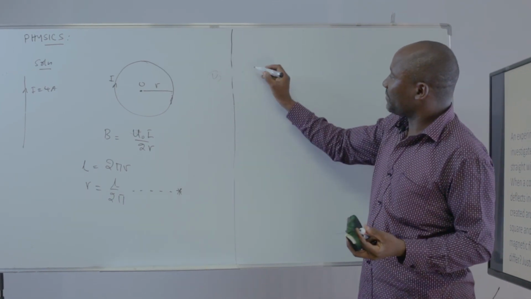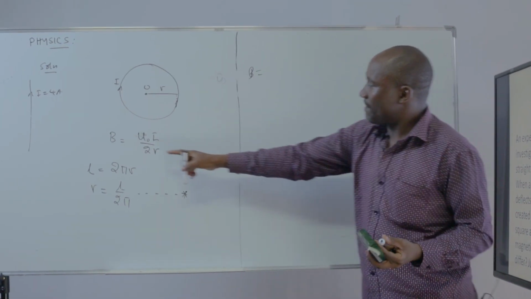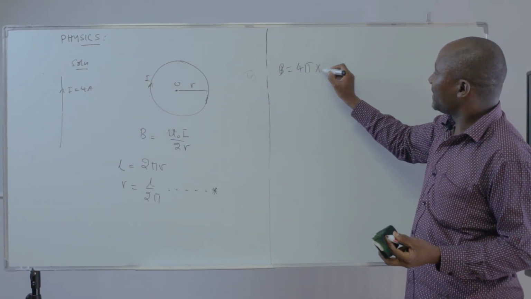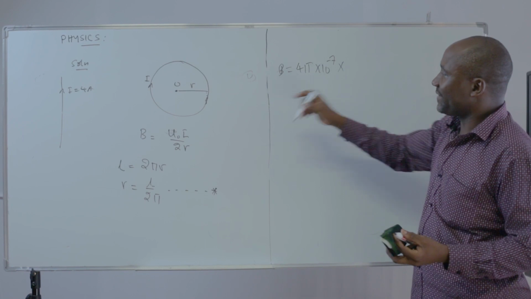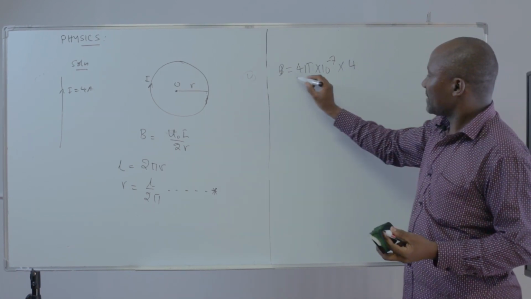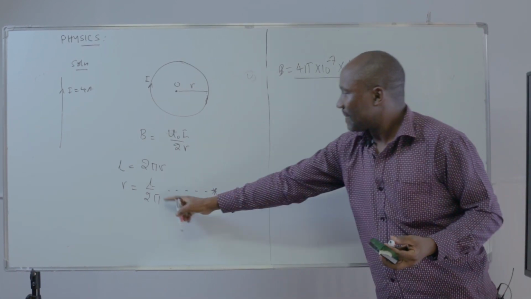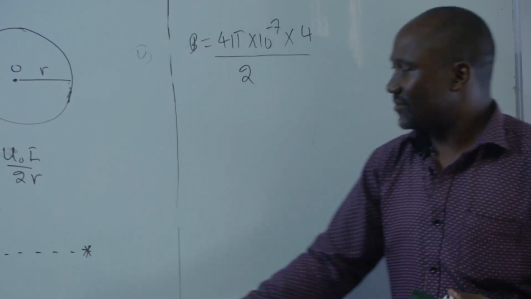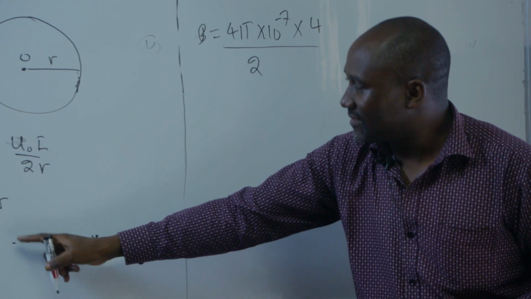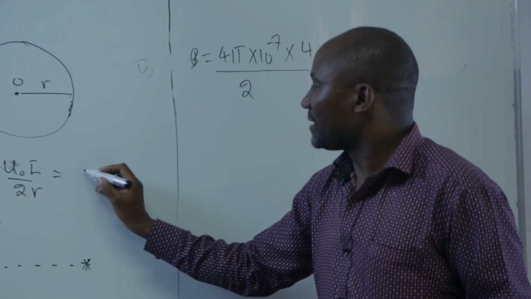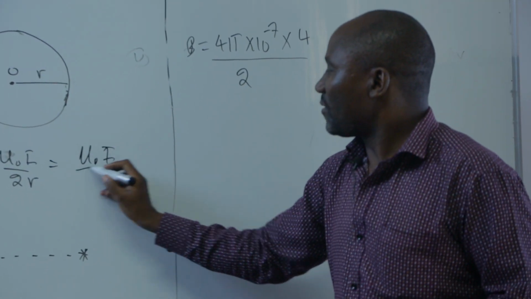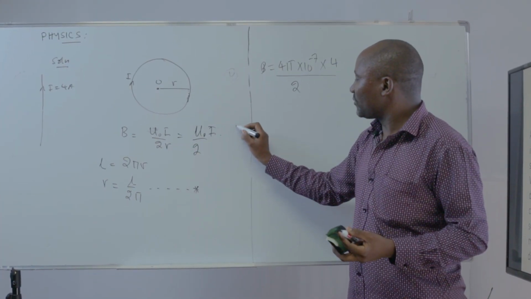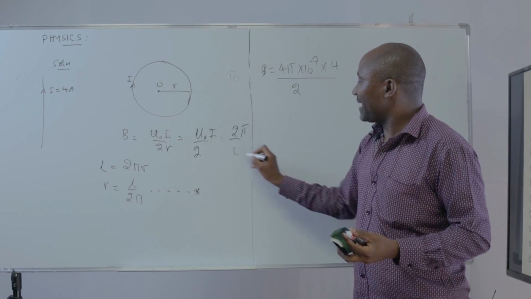The formula says B equals mu I over 2 times radius. Our mu is 4 pi times 10 negative 7. Our current is given as 4, divided by 2 times radius. So the radius here, we plug in the value. Mathematically, we take this as mu I over 2. When you're dividing, it's the same as multiplying by 2 pi over length.